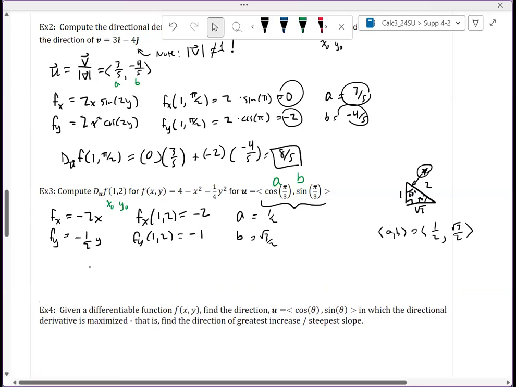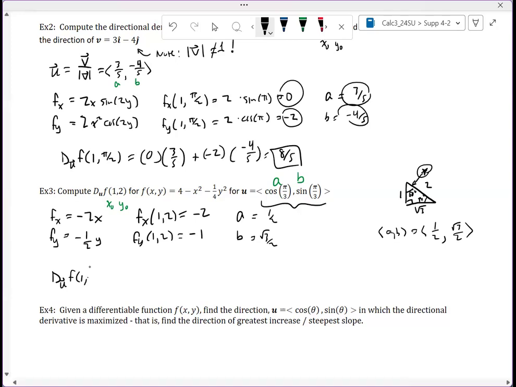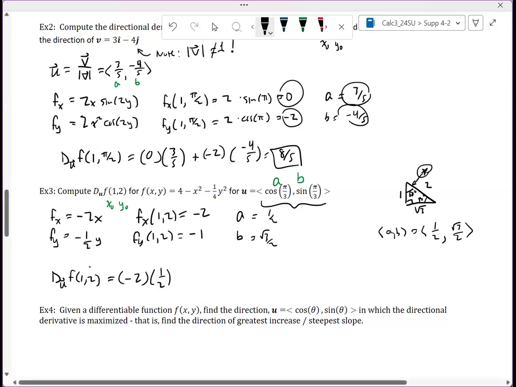And I think we have everything we need now to compute our directional derivative in this direction, either in the direction pi over 3 or in the direction 1/2, root 3 over 2. And that's going to be minus 2 times 1/2 plus negative 1 times root 3 over 2.